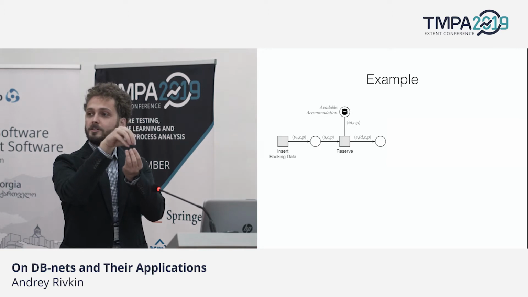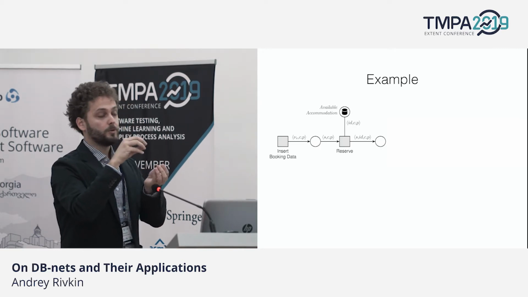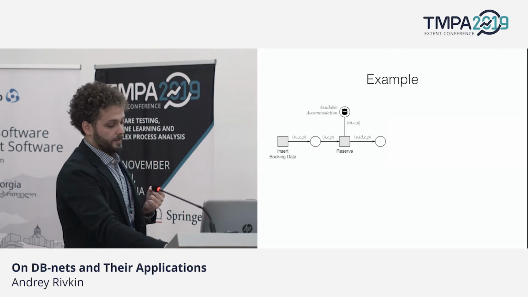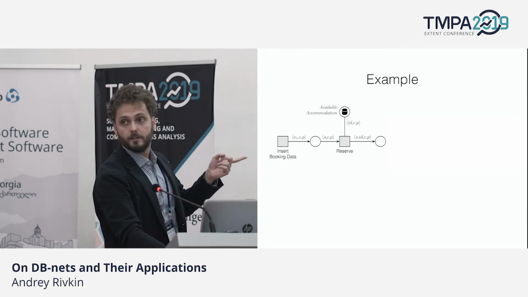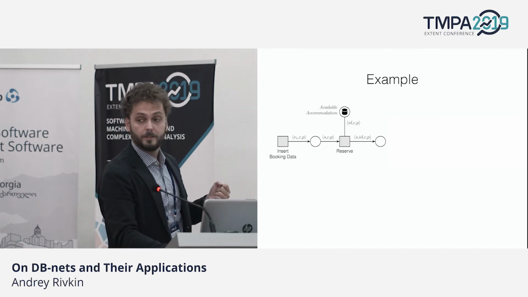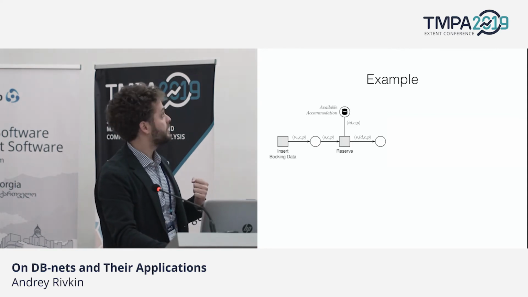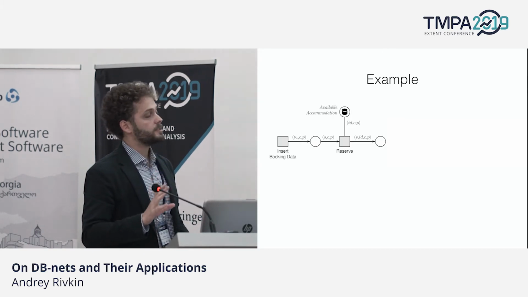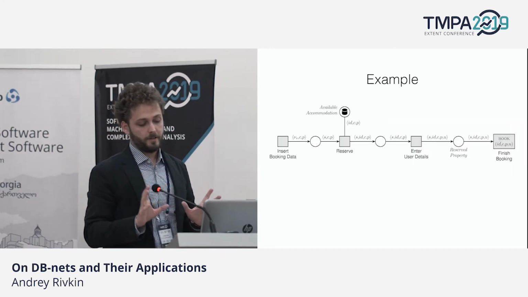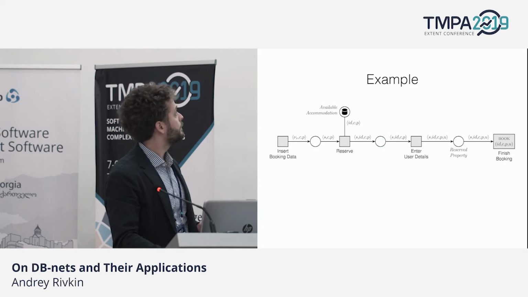So we join, and if this join succeeds, then our net can go on, by extracting the identifier of accommodation available for that precise period. Well, and then we enter user details, and if everything is fine, we finish booking.